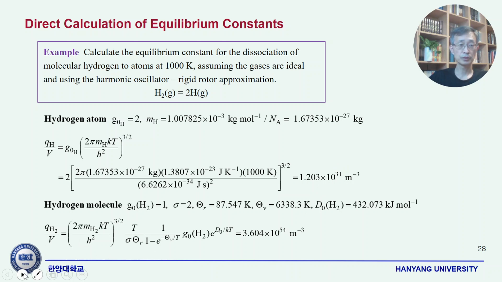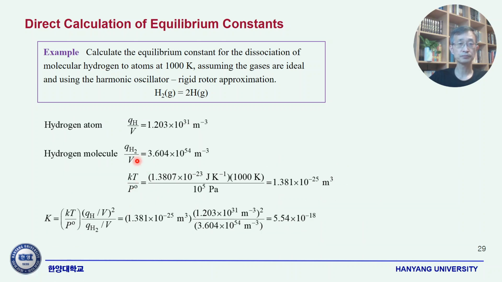Then we can incorporate these together. We obtain this, and then KT over P naught, where P naught is a kind of a standard or reference pressure, but actually it's 1 bar, and then that number.